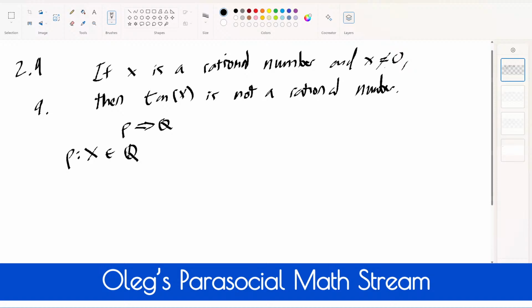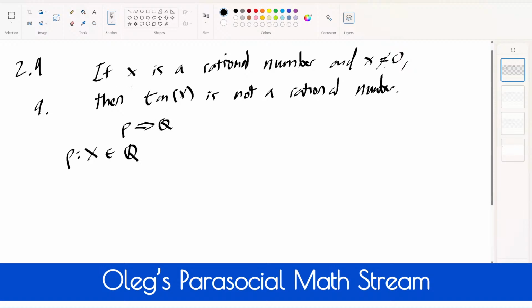So anything that can be written as a fraction or ratio is a quotient, and that is the rational number set, which technically can have whole numbers in it too. Like you can have 2 over 2, that's still 1. But anyway, P implies Q: x is a member of the quotients or rationals, a different kind of Q. Don't get these two confused.